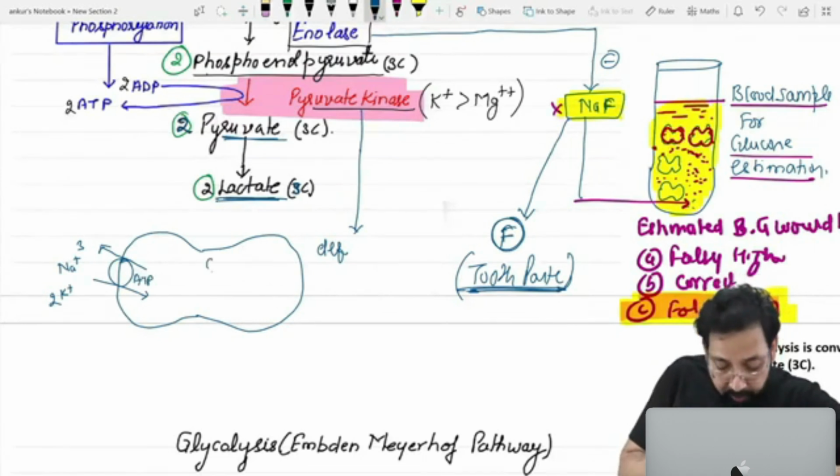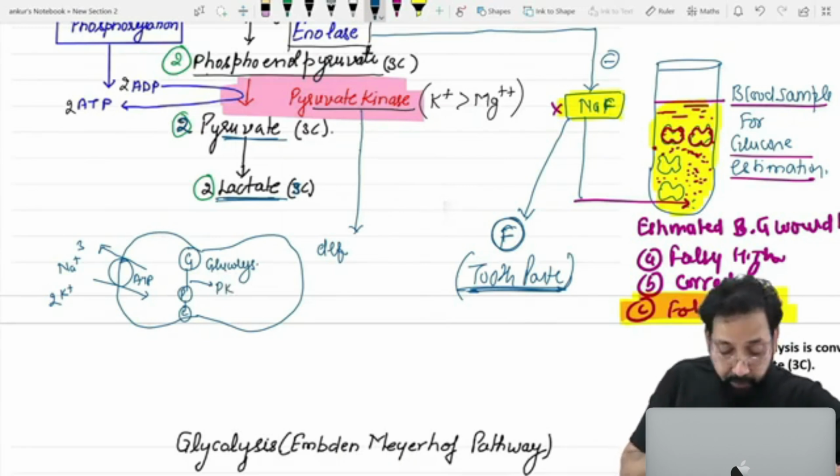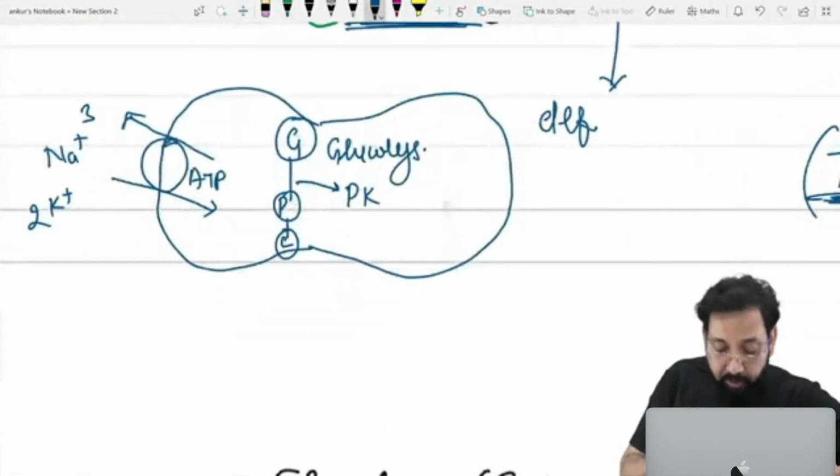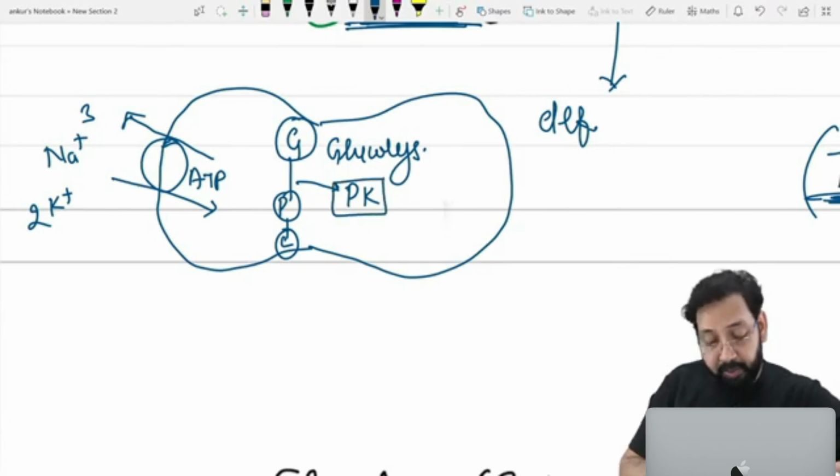In RBC, glycolysis occurs. Glucose is converted to pyruvate, then lactate. One enzyme of glycolysis is pyruvate kinase.